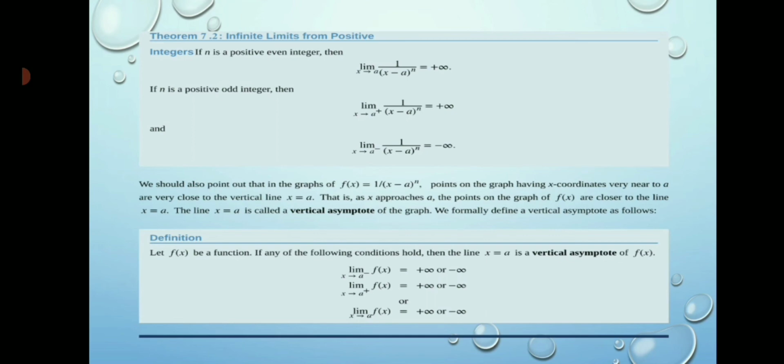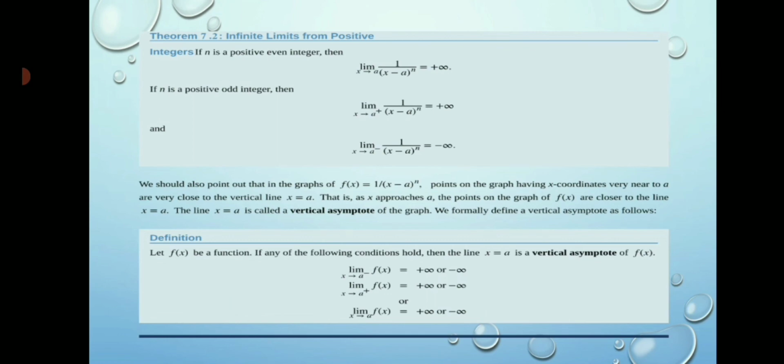If n is a positive odd integer, then the limit as x approaches a from the right of 1 over x minus a raised to n is equal to positive infinity, and the limit as x approaches a from the left of 1 over x minus a raised to n is equal to negative infinity.